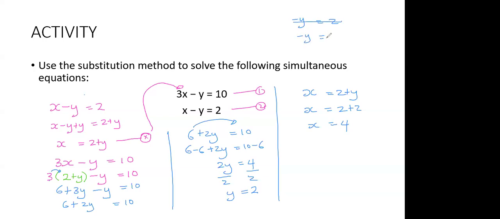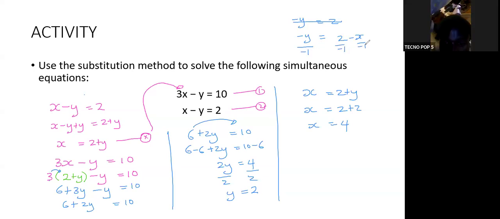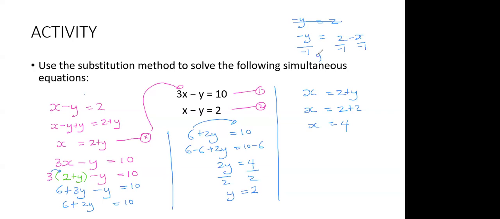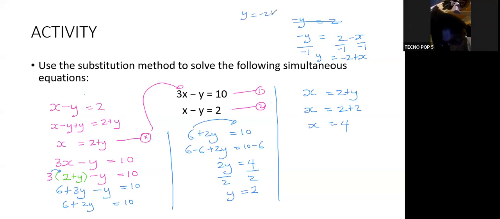You have negative y is equal to 2 minus x. So now to remove this negative, you divide the negative throughout. You say negative 1 divided by negative 1 divided by negative 1. So you get y is equal to 2 divided by negative 1 is negative 2. Negative x divided by negative is positive x. So your y becomes negative 2 plus x.